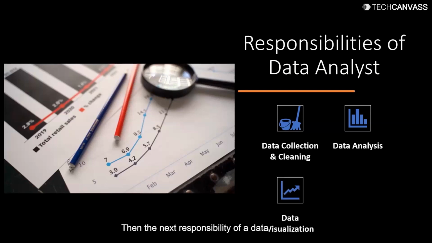The next responsibility of a data analyst is also to create clear and informative visual representations, whether it's charts or graphics, of the data findings for the stakeholders. Communicating these data-driven insights effectively is a very key responsibility of a data analyst. Data analysts create visual representations and reports that are accessible even to a non-technical audience.